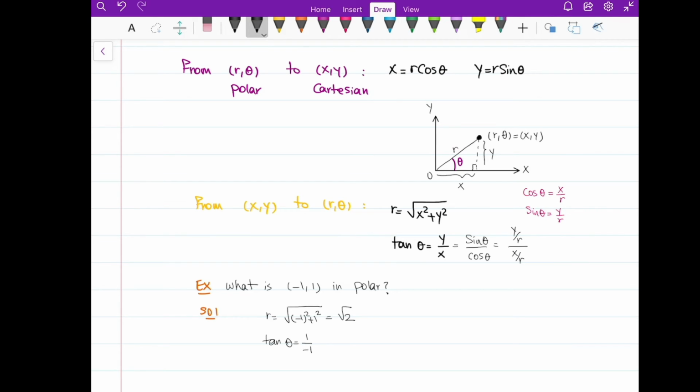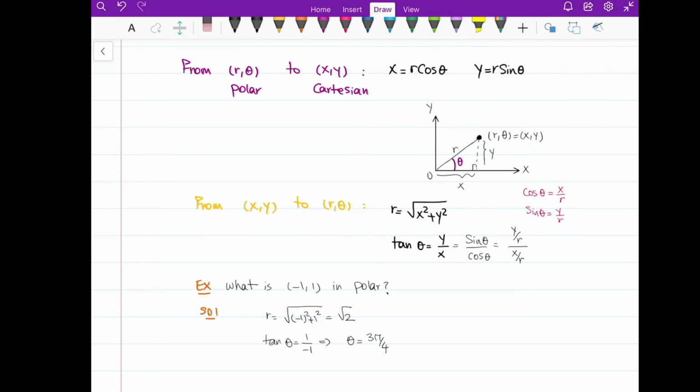Tan of theta is negative, so theta would be pi over 4 or 3 pi over 4. But which one is that? Oh no, not pi over 4, just because for pi over 4, the tan of that would be positive. So it would be 3 pi over 4.